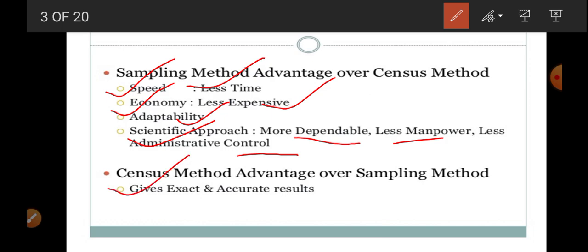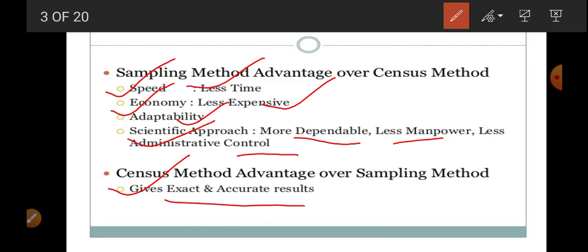Now, advantage of the census method. The basic advantage of this method is exact and accurate result. If you are going to conduct an inquiry about a village and their economic condition, and you connect to all the villagers, obviously the result and reason for the poverty is going to be more correct.